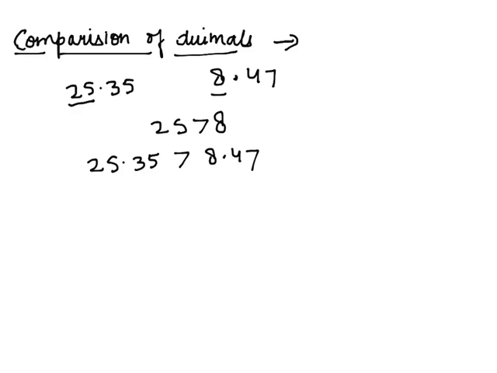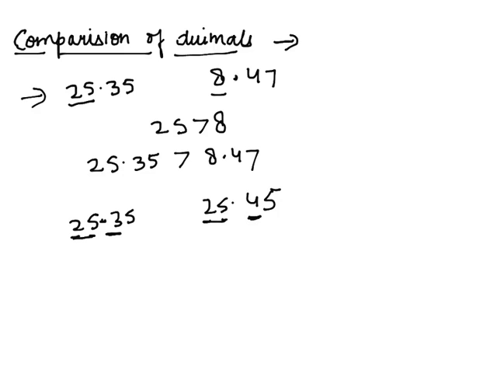Next, if we have the whole number the same, like 25.35 and 25.45, we compare the digits after the decimal. Before the decimal we compare from the right side, but after the decimal the process is different. Here the whole number is the same, 25. Now we compare the digits after the decimal point. The first digit after the decimal point is 3, and here we have 4.